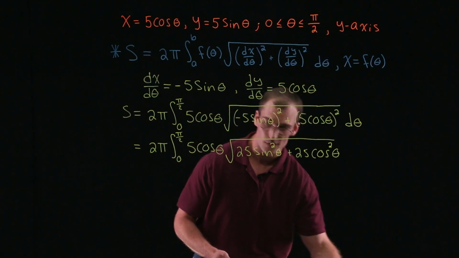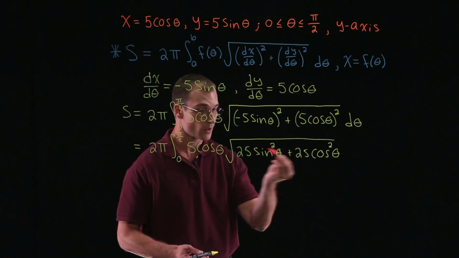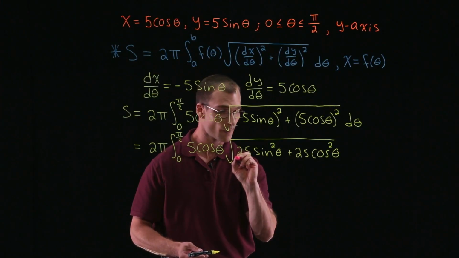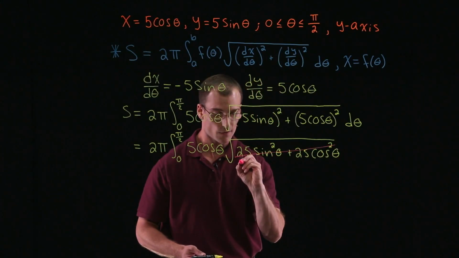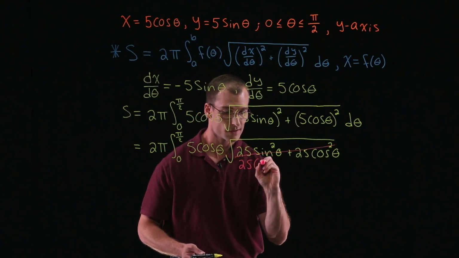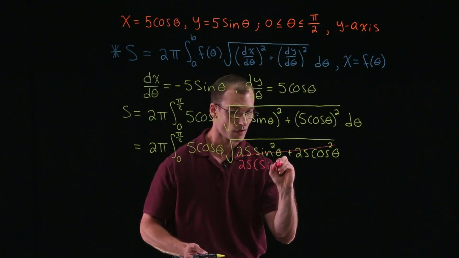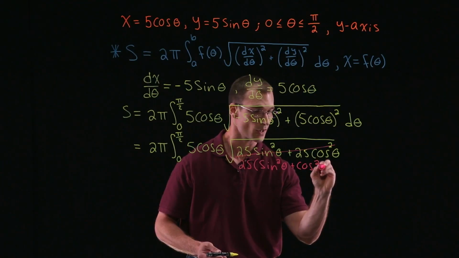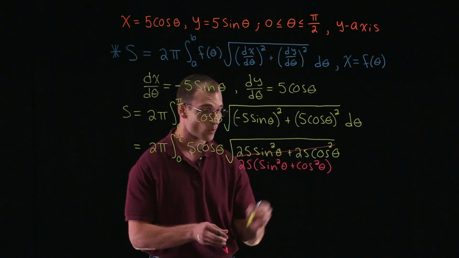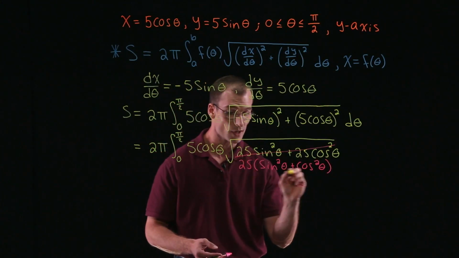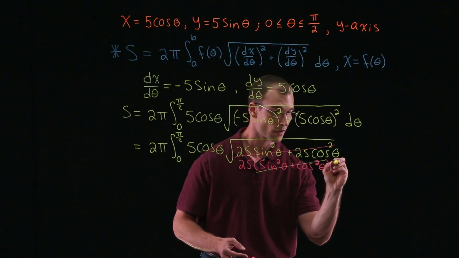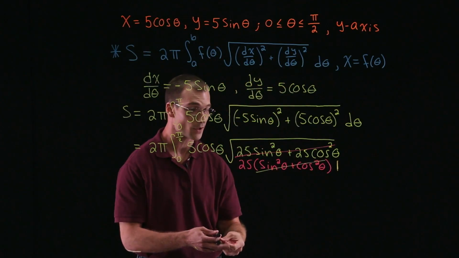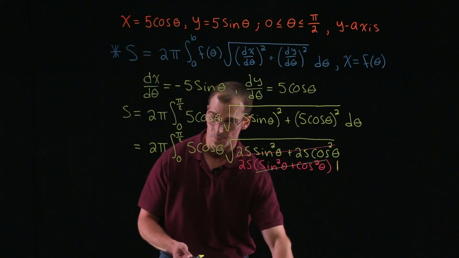Taking a look at this, we can factor out a 25 underneath the square root. So this would give us 25 times sine squared theta plus cosine squared theta. And sine squared plus cosine squared we know is equal to 1. So all we're really left with underneath the square root is 25.